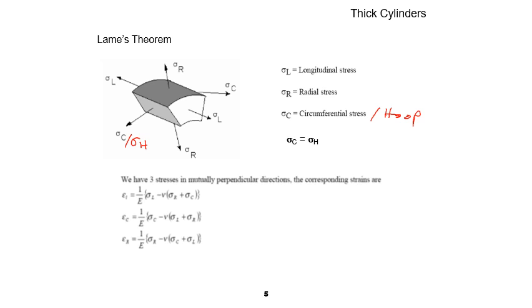And so the corresponding strain, remember our Hooke's law, strain L is equal to 1 over E times sigma L minus nu of the other two stresses, which are perpendicular to the longitudinal direction. Similarly, strain C, circumferential or hoop, is equal to 1 over E times sigma C minus nu of the other two stresses. So we have three equations here, which we can solve simultaneously.